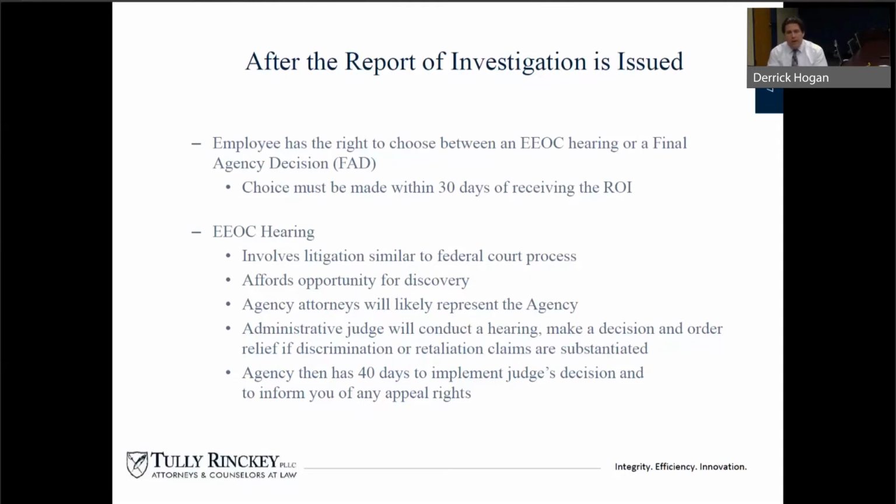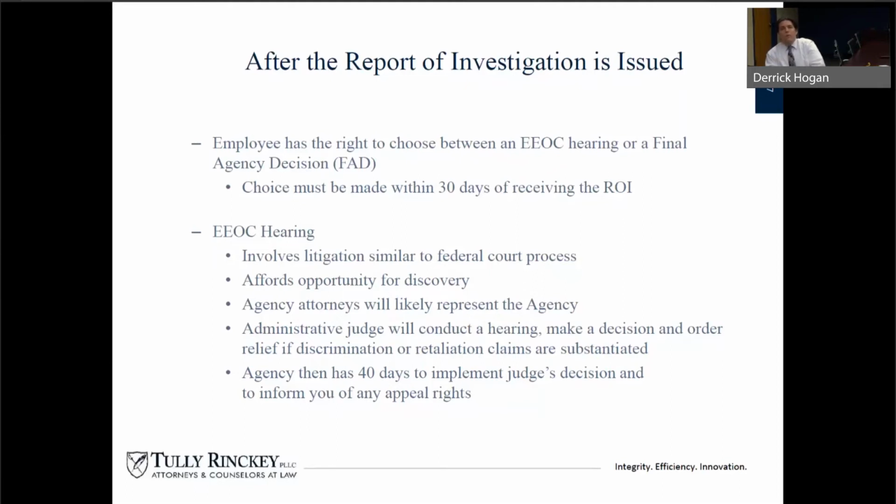Once again, especially if you're at the hearing process, this is where you probably want to get an attorney, if you haven't already, because it can be complicated, especially with the discovery requests. Another thing that you would get through the hearing process is you can engage in depositions. You have the ability to depose agency employees, agency officials, and conversely, they have an opportunity to depose you or your witnesses.